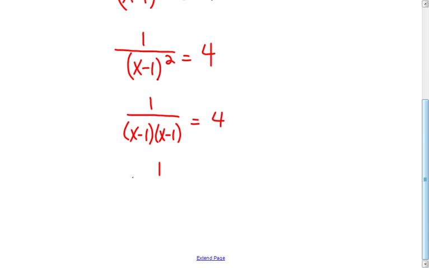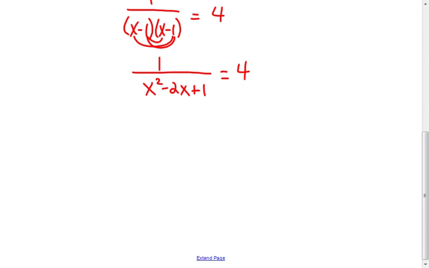So what I have is 1 over, and when you FOIL that out, you're going to get x squared minus x makes negative 2x, and then negative 1 times negative 1 makes positive 1. Okay? Personally, I don't like to deal with fractions, so I am going to multiply both sides by x squared minus 2x plus 1.